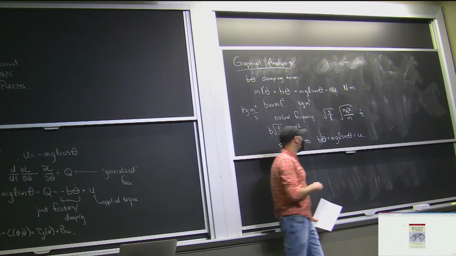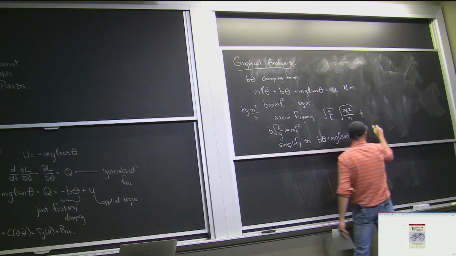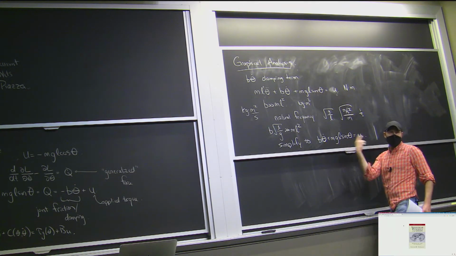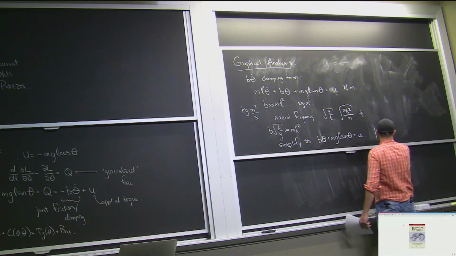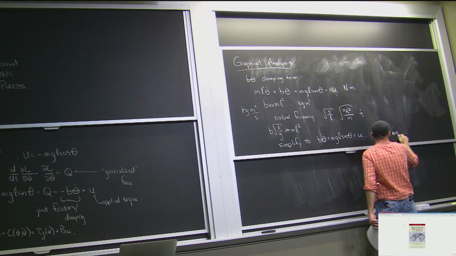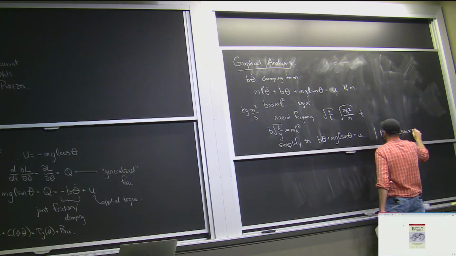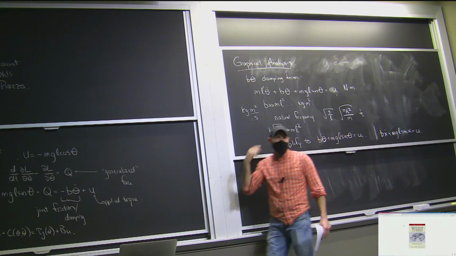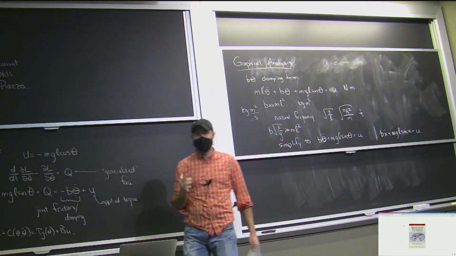I'll do one more simplification. I like to write it just to be super clear that I'm not going to worry about the fact that theta wraps around every 2 pi right now. I'll just say b x dot plus mgl sine x equals u. I've done nothing but change the symbol, but it'll remind me that I'm not worried about the wraparound effects just yet.